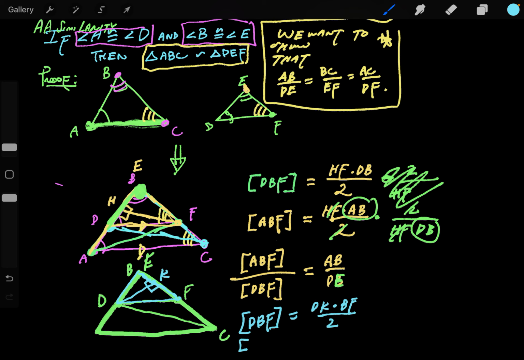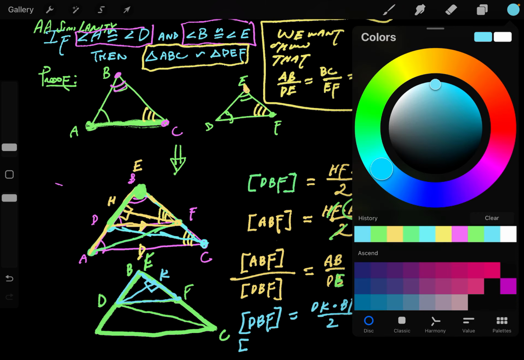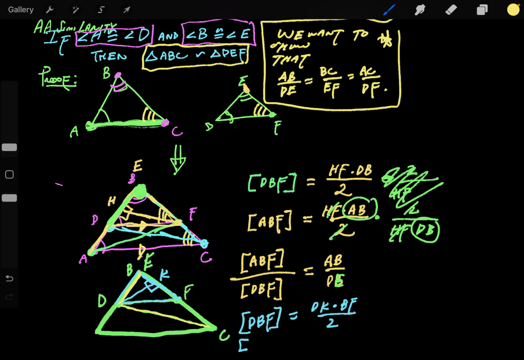And then the area of the other one that corresponds on this side shares that dK. So what is it? The area of DBC is going to be dK times BC over 2.